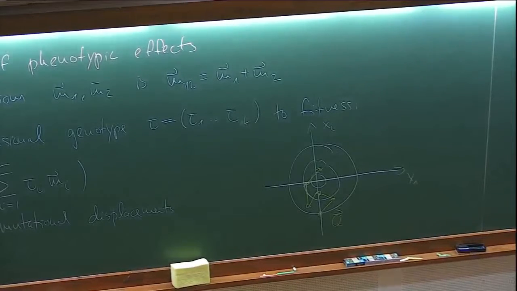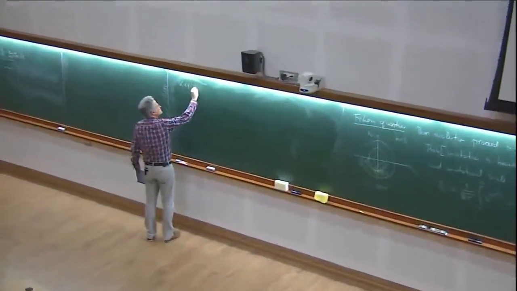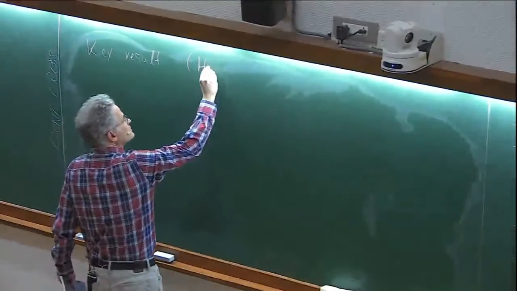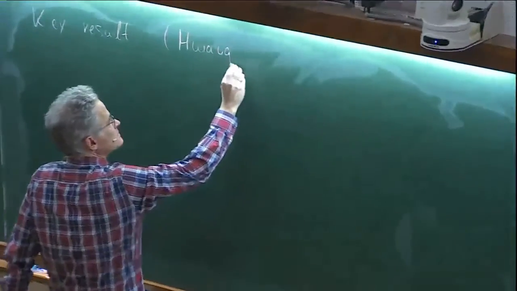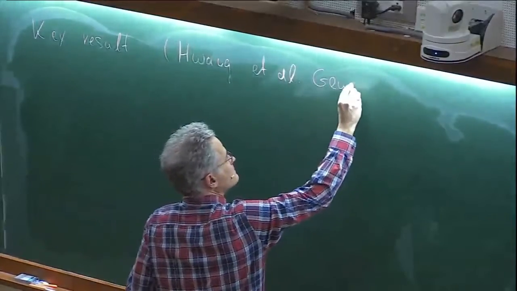Okay, but so here, what I want to focus on is, what does this tell us about epistasis and complexity of fitness landscapes? So the key results here, and this is essentially the content of this paper that is also in the reading material in genetics.